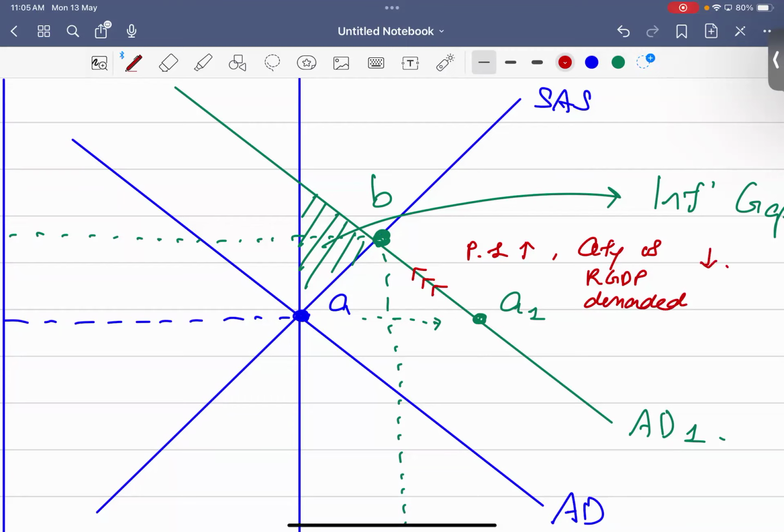Because this is aggregate demand. So when you look into this one, how do you explain this relationship? What are the two effects that you use? Substitute and wealth effect. Okay, so you need to explain the movement here.